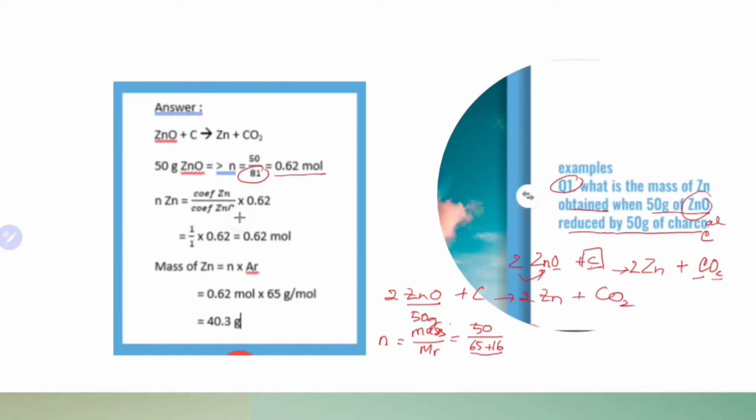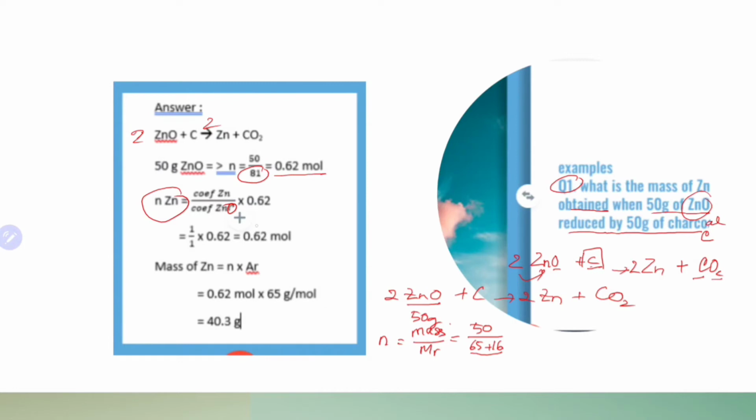Then once again, the number of mole of zinc, what is asked, is the coefficient of zinc over the coefficient of zinc oxide, ZnO, times the mole of ZnO.